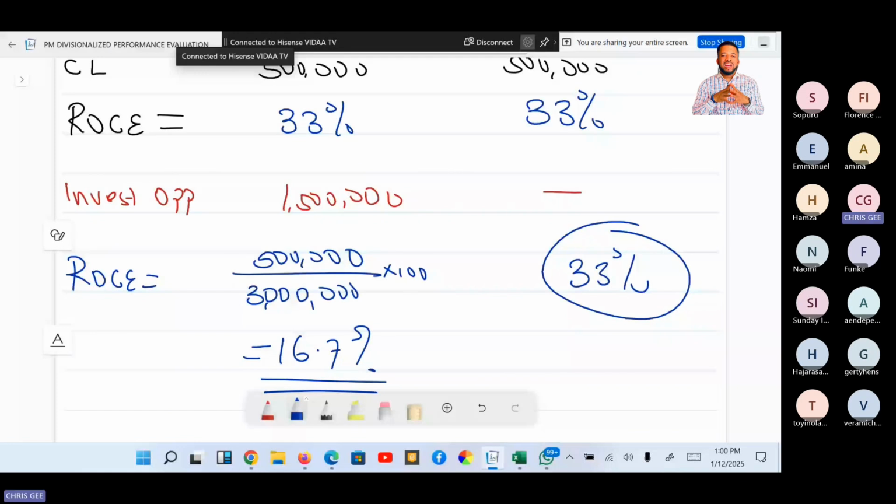So basically, because managers are short-term, there's a term that's short-termism, right? Short-termism is used to refer to the focus of managers on short-term benefit, remuneration, profit. So now, if you were using ROCE, managers will be discouraged. Like this manager now, what is he doing? Why do you think he's not investing in this?